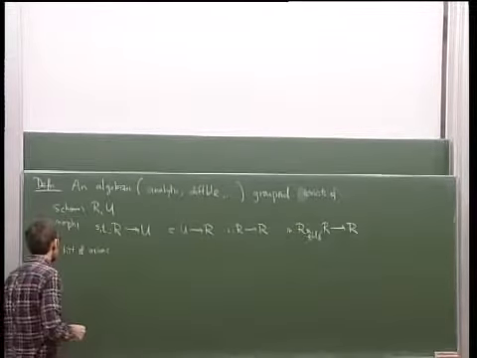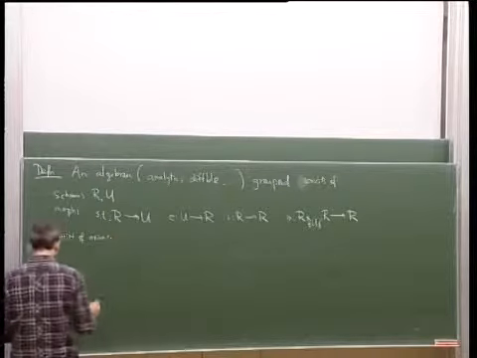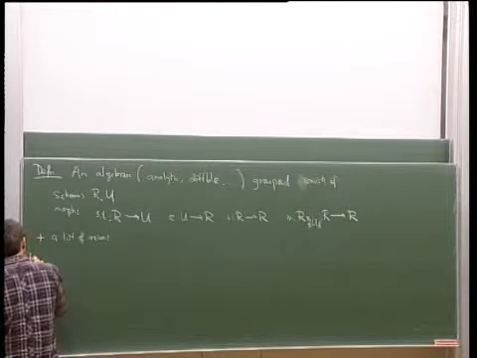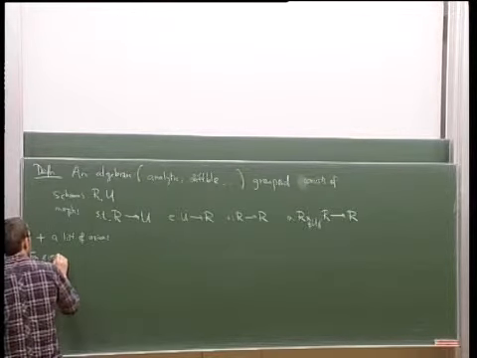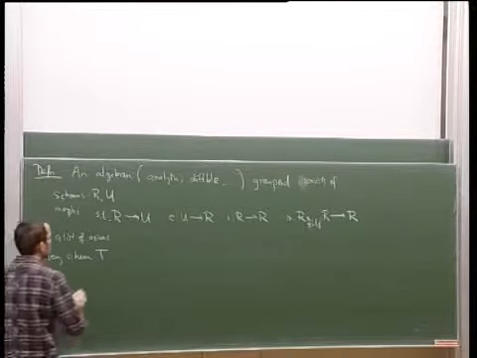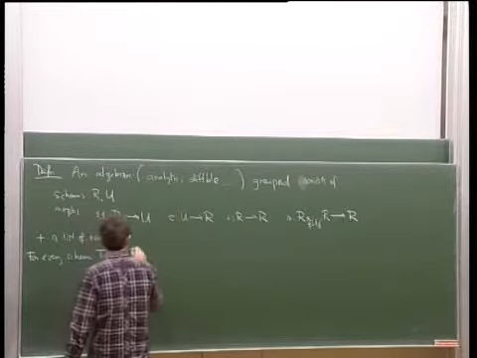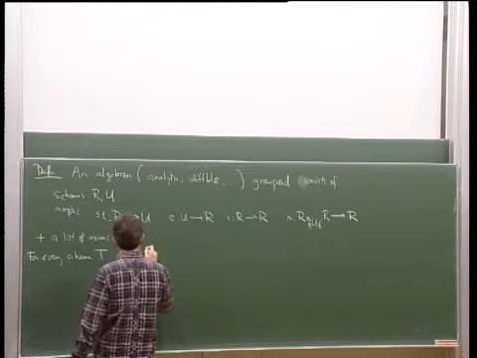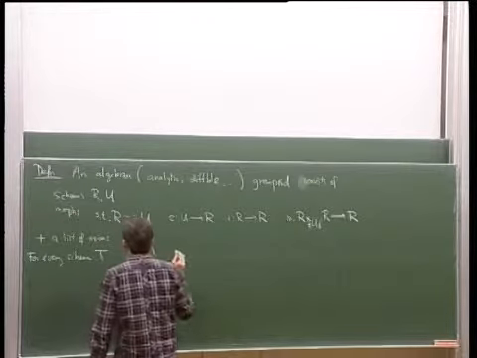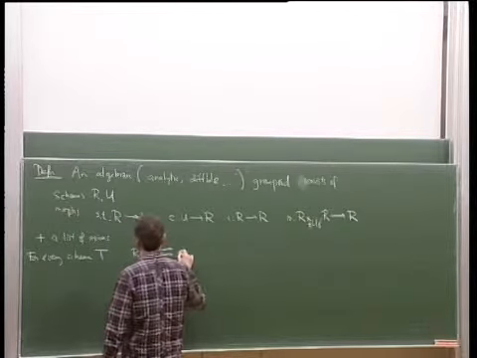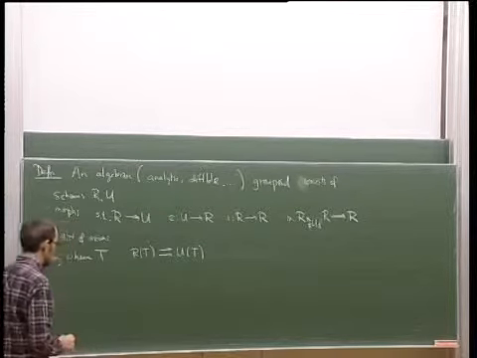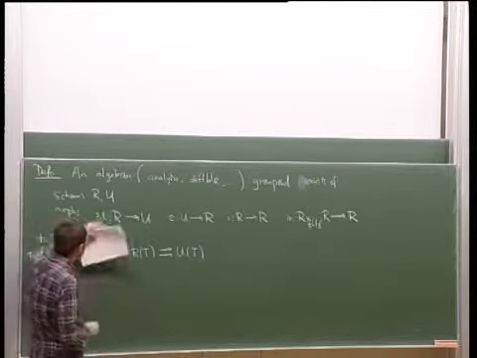And to describe the list of axioms, the most elegant way to do this is to say, for every scheme T, we get sets R(T), those are the morphisms from T to R, and U(T). And I get induced maps.